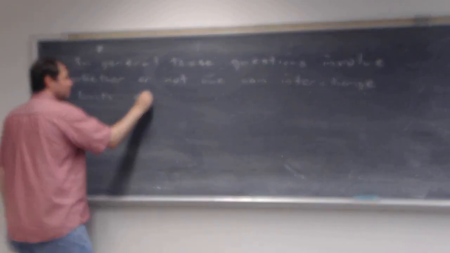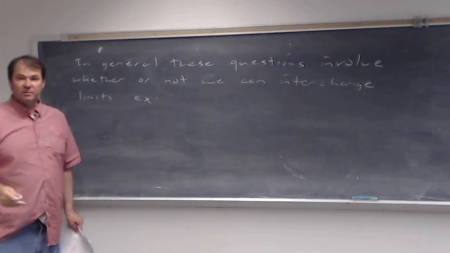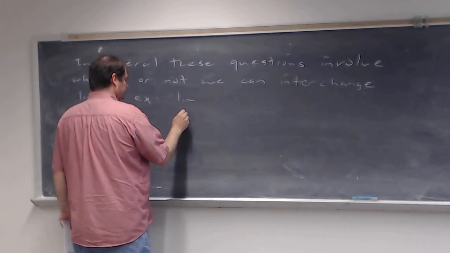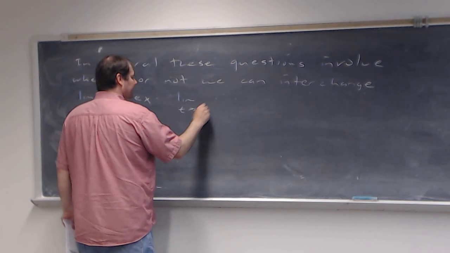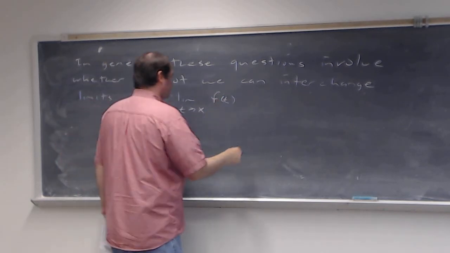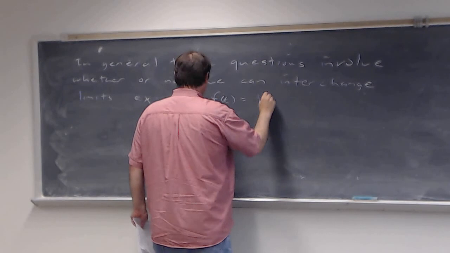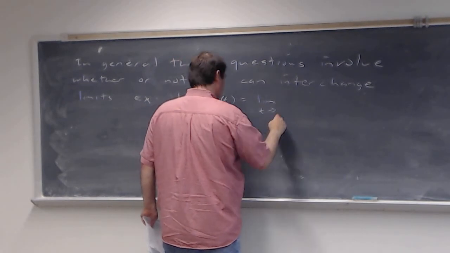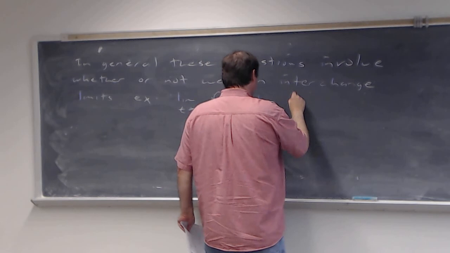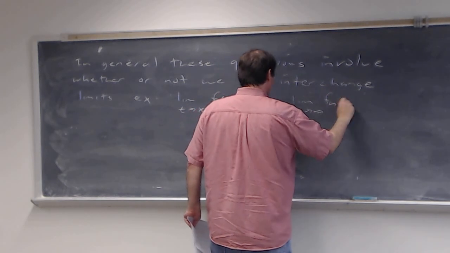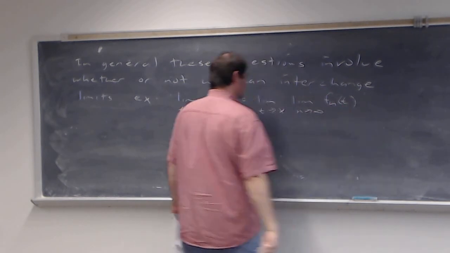As an example, when we talk about continuity of big F, is the limit as t goes to x of the limit function f of t, well, that's really asking about the limit as t goes to x of the limit as n goes to infinity of f sub n of t.